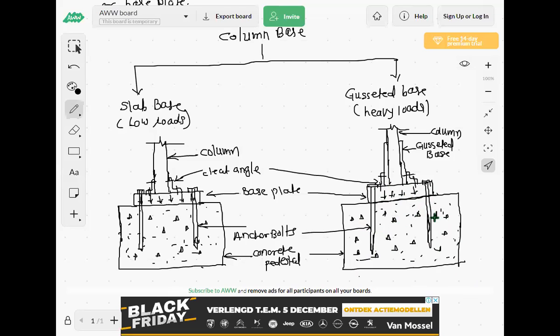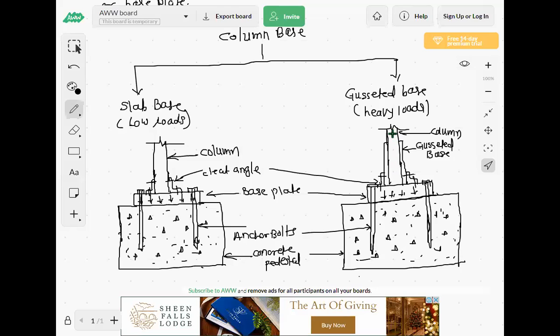Four anchor bolts are provided, one in each corner, and on the plate the column is rested, and to this column the plates are provided. Those plates are nothing but the gusseted base, and again cleat angles are connected. So this column is fixed with this gusseted base.